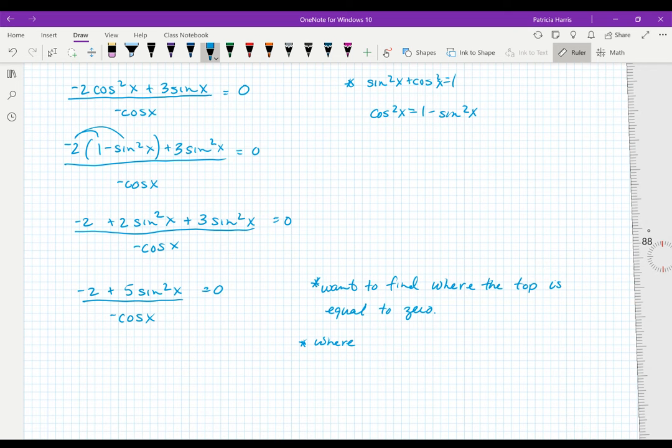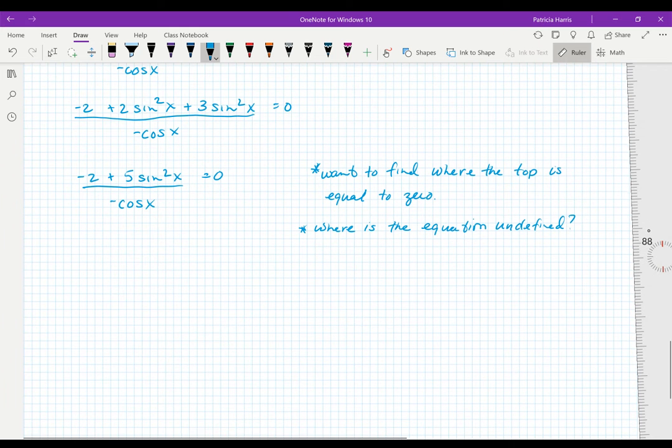Are we going to have places where my equation is undefined? Okay, so here we go. Let's deal with the top. And then deal with the bottom.